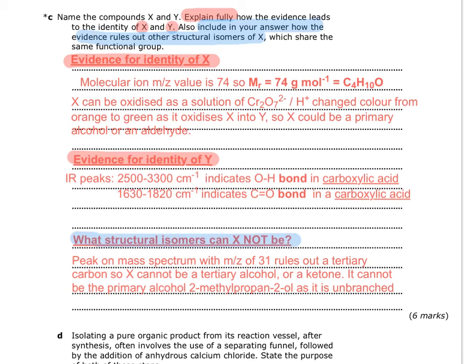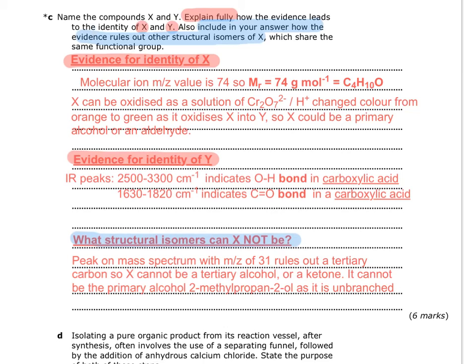So therefore, what we've got to do now is to think about what it could be. It can't be a ketone either, because a ketone wouldn't oxidize into a carboxylic acid. So in that sense, we're now sort of brought back to what it could be.